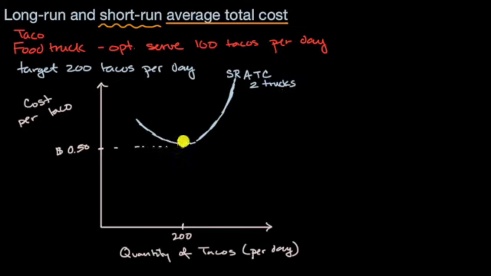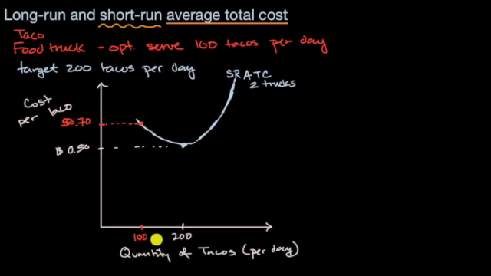Now, what if instead of 200 tacos per day, it ends up that we only have to produce 100 tacos per day because that's how many people are demanding? So let's say this is 100 right over here. Well, if we keep the number of trucks we have constant, so we don't change our fixed costs, then our cost per taco is going to be higher. Let's say this right over here is 70 cents per taco.